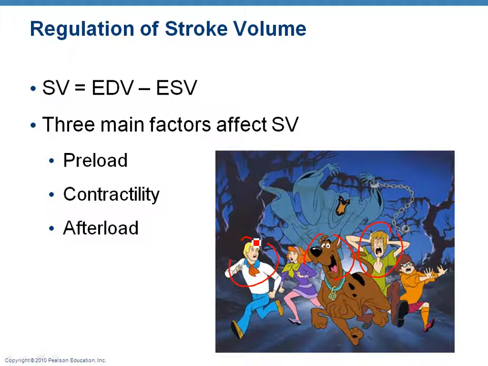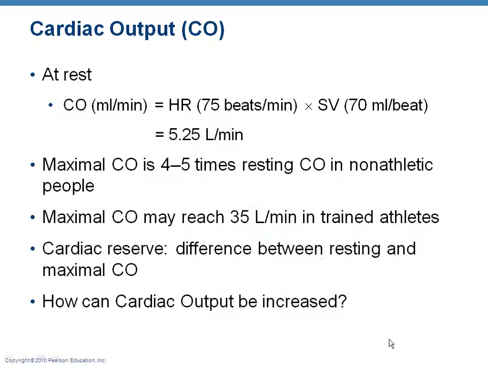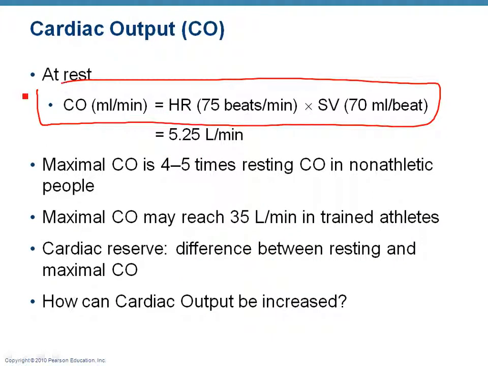Okay, so how do we ramp up our cardiac output when we need to? Let's look back over here at our calculation. So here's our math. Cardiac output is heart rate times stroke volume. Obviously, if you increase your heart rate, if that number gets bigger, this number is going to get bigger. That's going to increase your cardiac output.